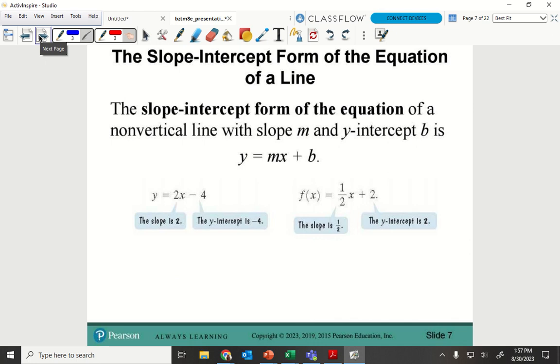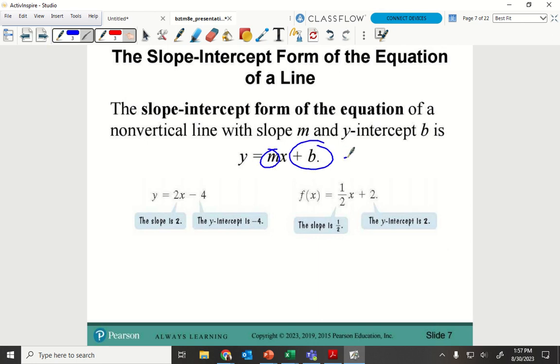So, slope-intercept form means that it is going to be my y equals mx plus b. Y equals what? Come on, y equals what? mx plus b. It's the formula. M refers to my slope.